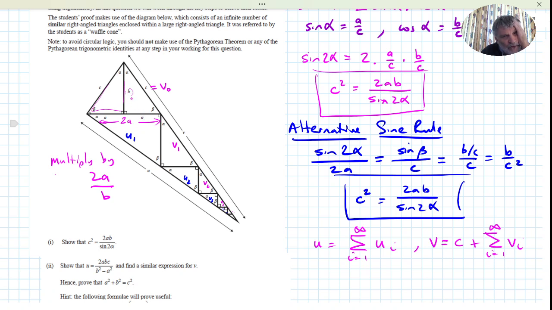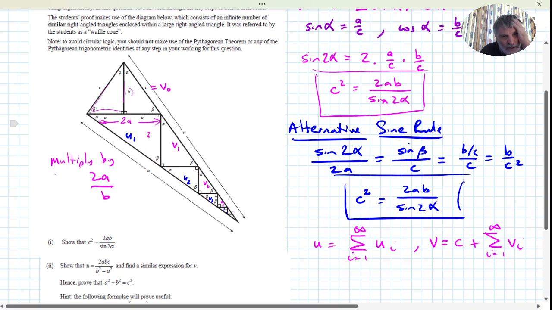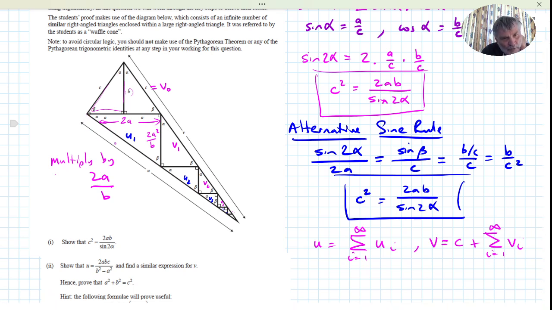To get to 2a, we have to multiply by 2, we have to multiply by a, and we have to divide by b. And that means that this shorter side, which starts off as a here, has to have the same multiplicative scale factor. So it was a, we multiply by 2a over b, so we get 2a squared over b is this side here. And similarly, the hypotenuse, which is what we wanted, is c multiplied by 2a over b.